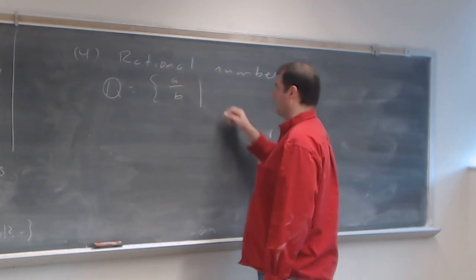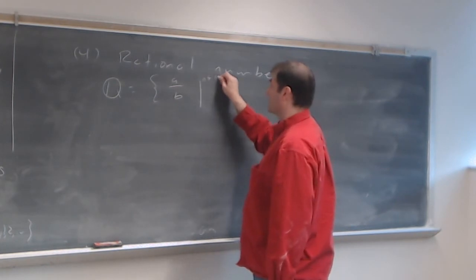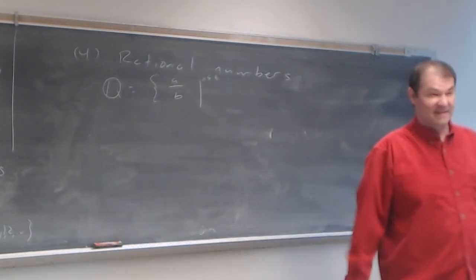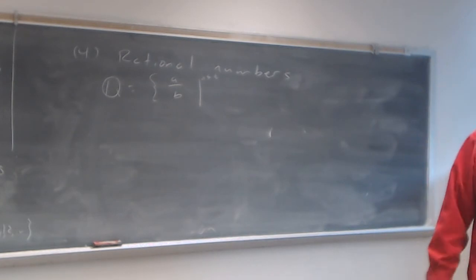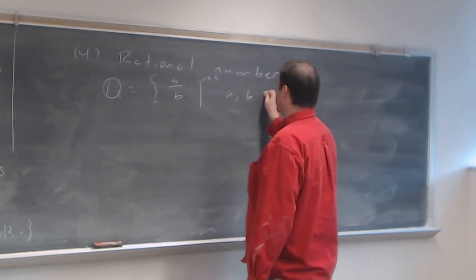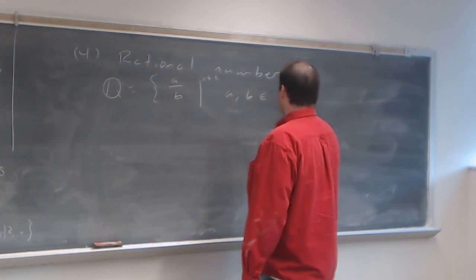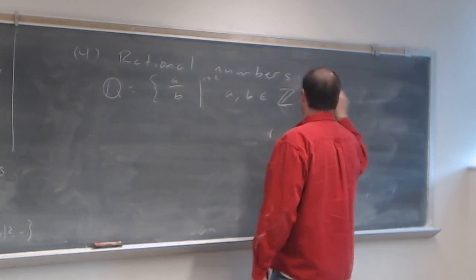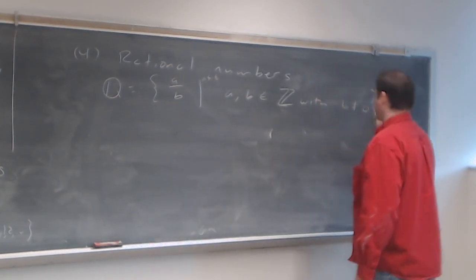The big line means such that. That's another symbolism, such that. In set notation, put a big line, or colon sometimes. A and B are elements of the integers with B being different from 0, because you can't divide by 0.